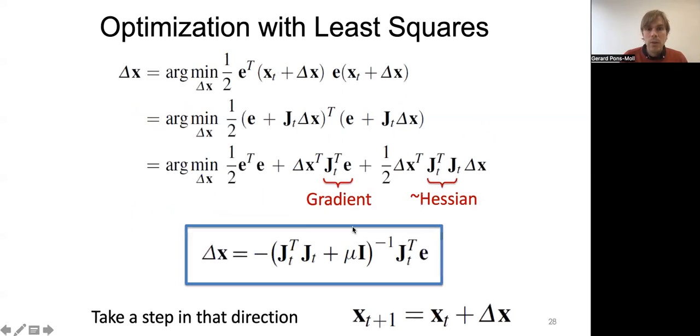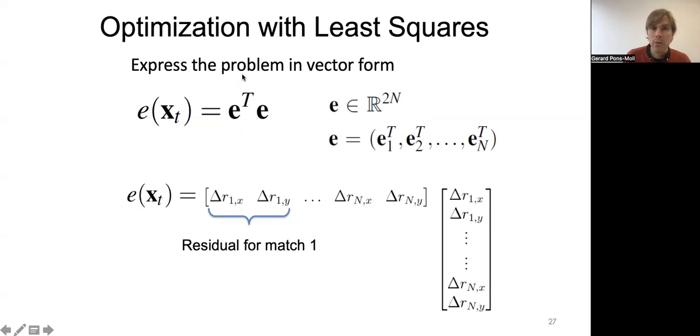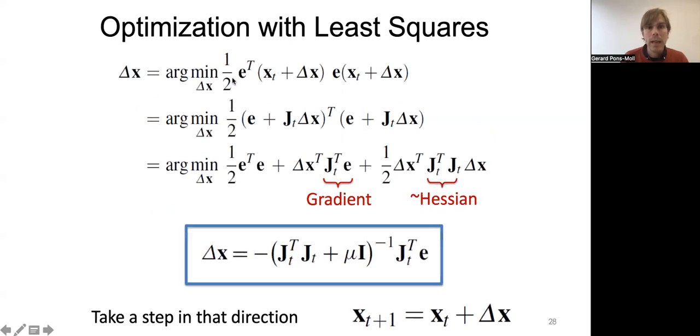All right, so let's look at how we optimize this. We have this dot product of this vector of residuals, E. When we use math boldface, E means vector of residuals. When it has no boldface, it means that it's a scalar. So we have this vector of residuals, and what we can do is linearize.